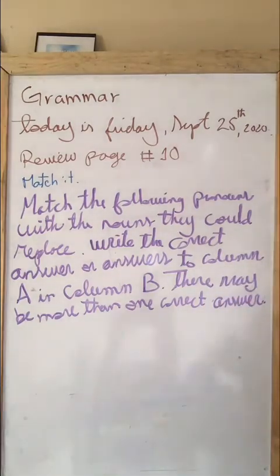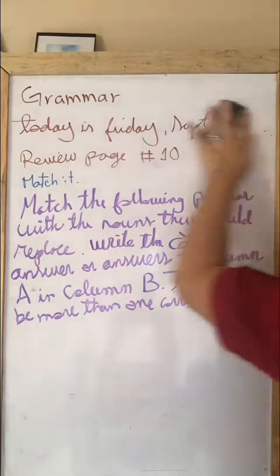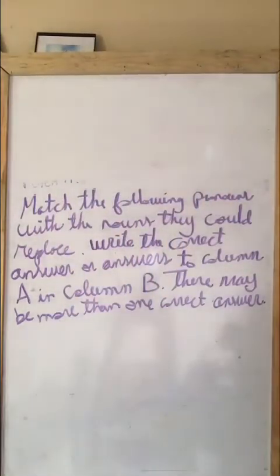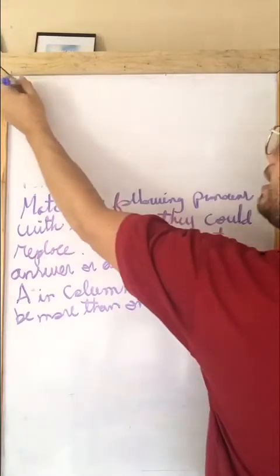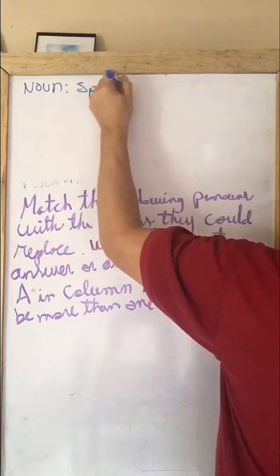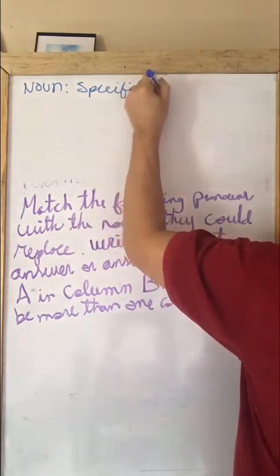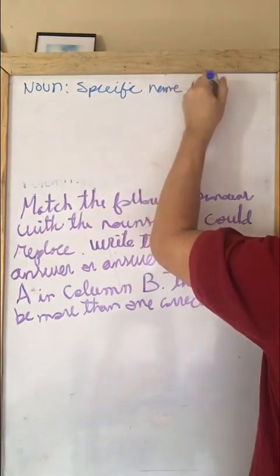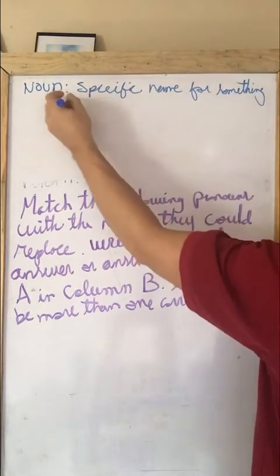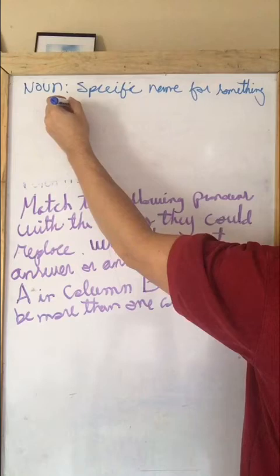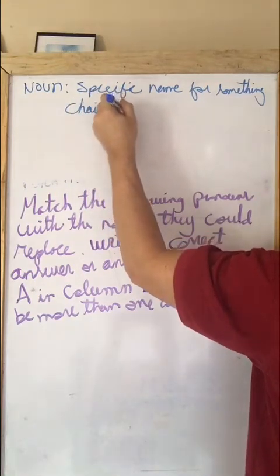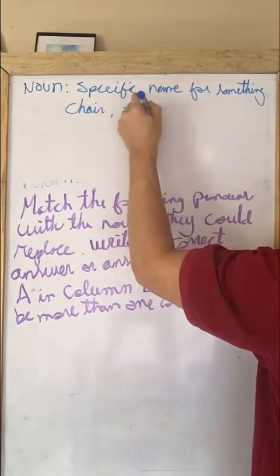Okay. So something we need to remember. If you didn't copy this, you better copy or rewind it. Okay. So you need to remember the rules. We said a noun is a specific name for something, chair or Lucio.